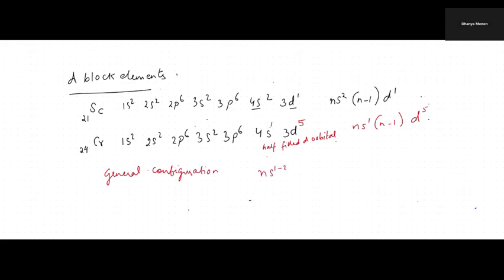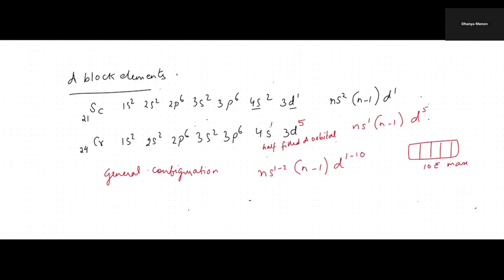So it can be either a fully filled s or a half-filled s like this. Then (n-1)d. What is the capacity of the d orbital? It is 10. So 1 to 10, because d has 5 orbitals. So 10 is the maximum capacity. So it can vary from 1 to 10.